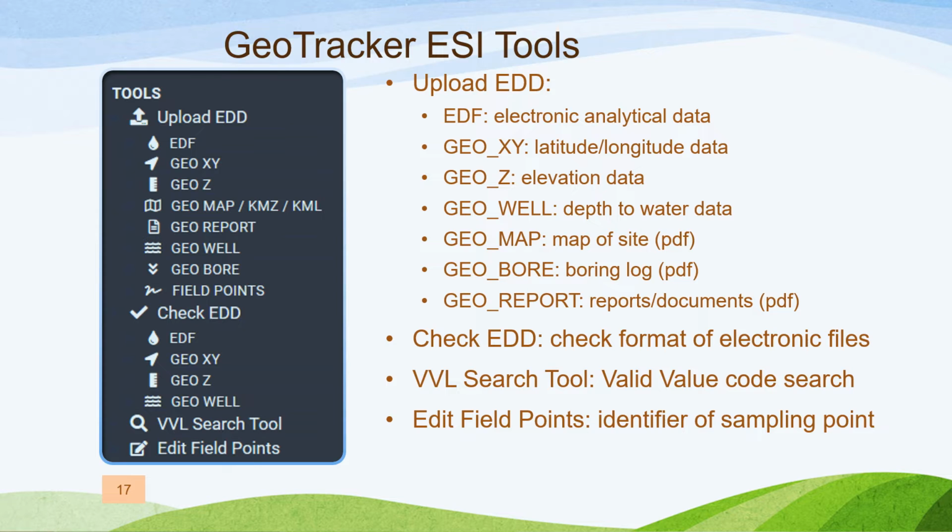I'll go into this a little bit more in the EDF, but just note that some fields require certain valid value codes to be utilized. And finally, the edit field points is where you can enter the sampling point names. I'll be going into that on the next slide.